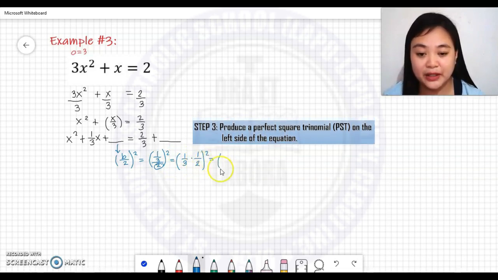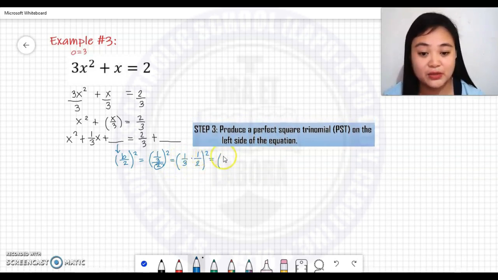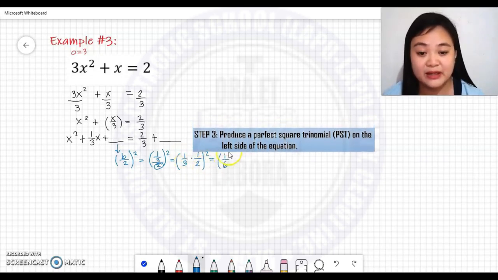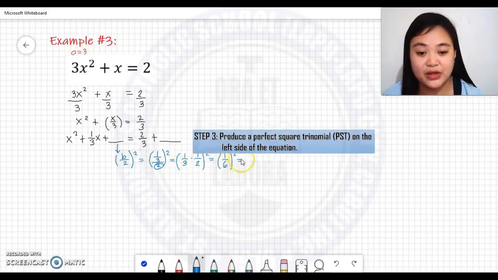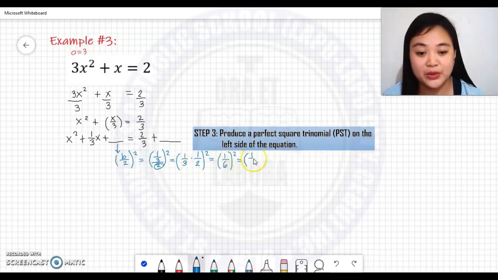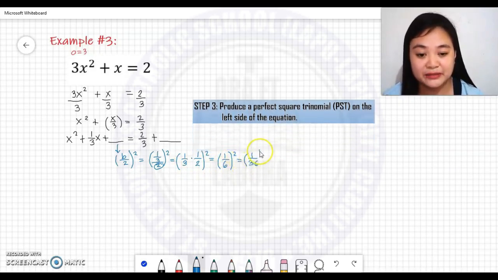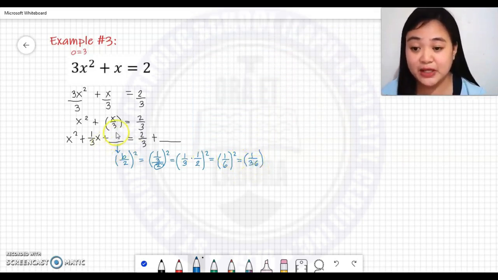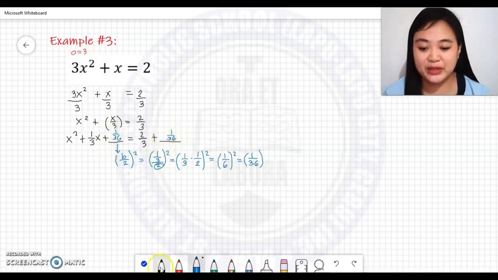So you multiply 1 times 1, that is 1. 3 times 2, that is 6 squared. So it will become 1 over 36. So what we're going to add on the terms is 1 over 36. Okay, so we will simplify.